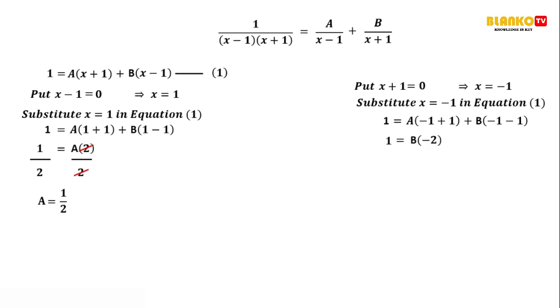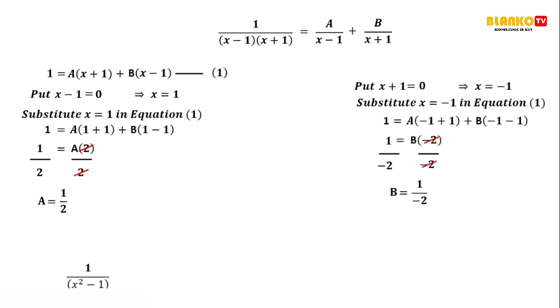Now we want to solve for B, so we divide both sides by −2, and −2 cancels out on the right hand side. So B is equal to 1 over −2.